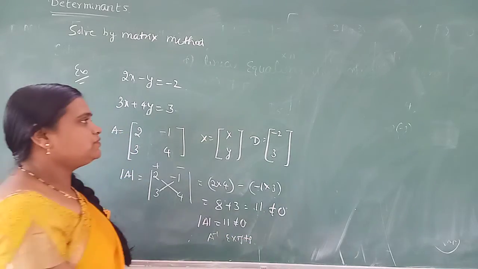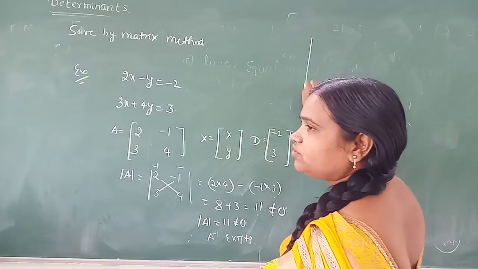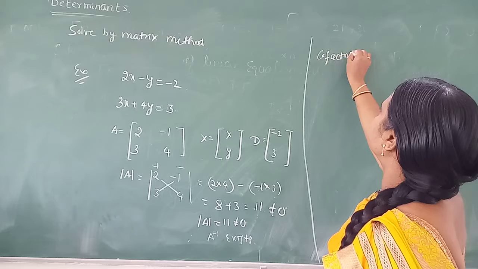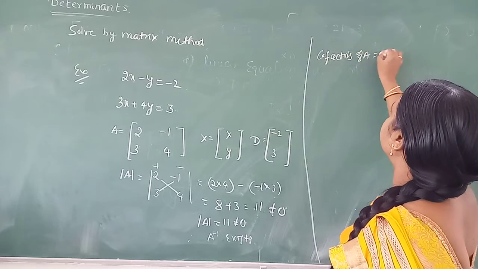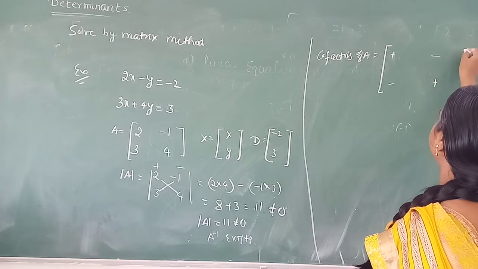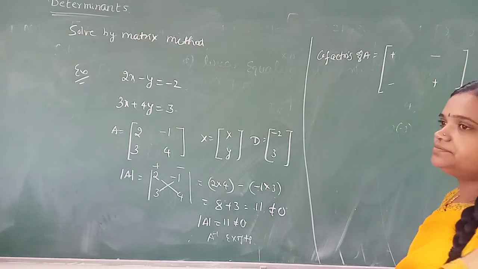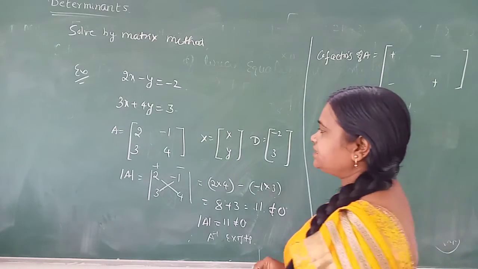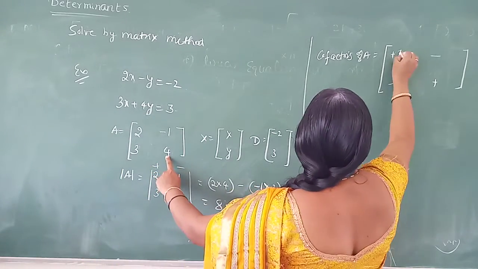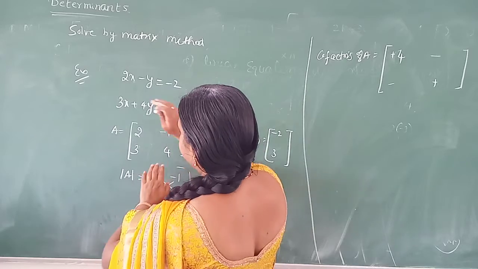Once we know A inverse exists, we can calculate the 4 cofactors of A. That is plus, minus, minus, plus. Next, calculate the minor of 2. Remove the row and column. What remains is 4. Minor of minus 1.